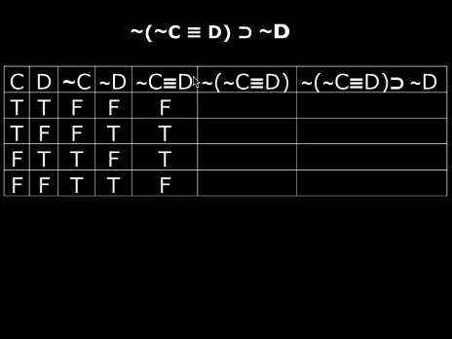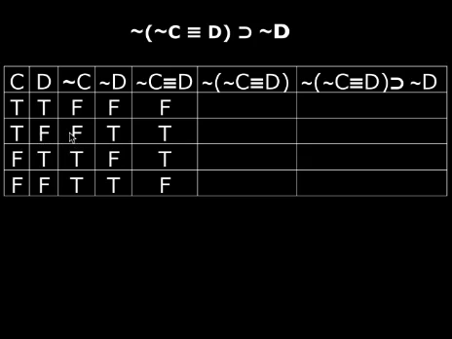Next up is the biconditional. Not C if and only if D. What are the two components of the biconditional? They are not C and D. Remember, the easy way to do a biconditional is that a biconditional is true when the two components have the same truth value.